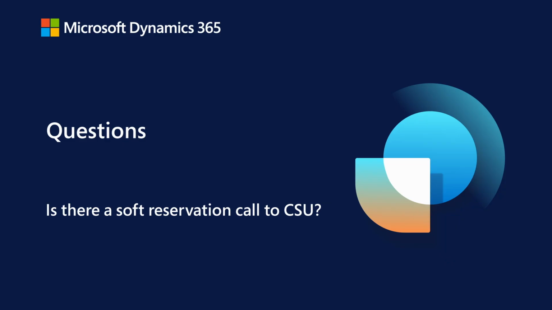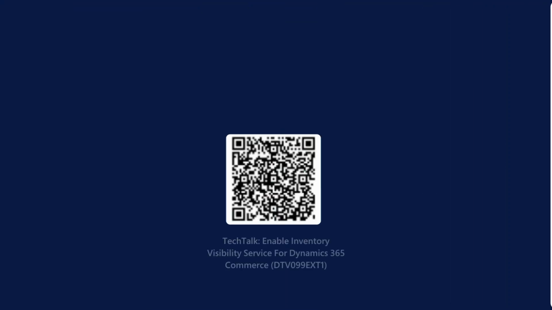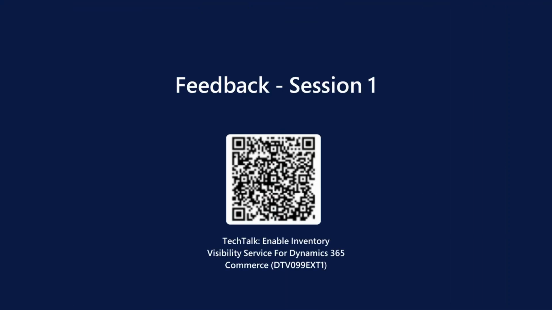Yeah, I want to clarify on this one. As Rob already answered, the CSU can automatically create a reservation and adjustment in IVS when an order is created. You can take that as the business concept. My take is it's still a soft reservation because it's not created in F&O yet. It doesn't really deduct physical inventory quantity in F&O.